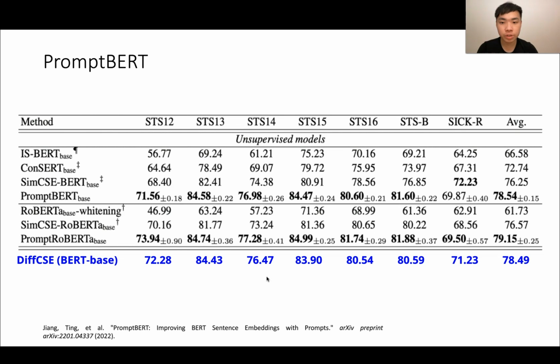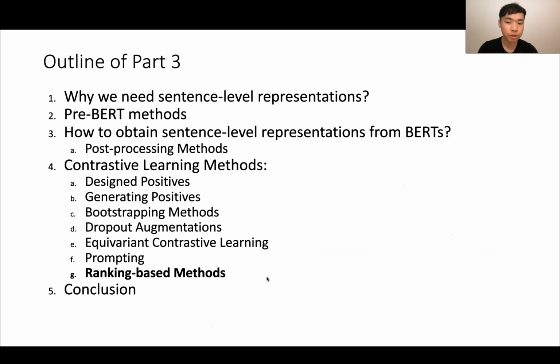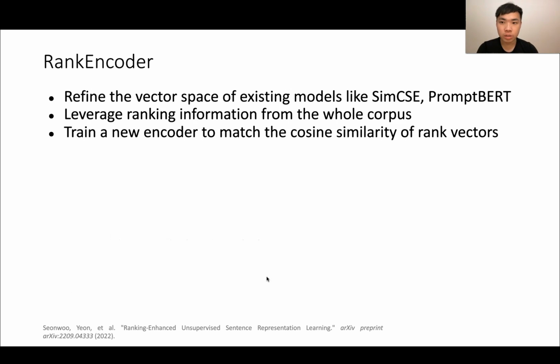After PromptBERT, there is another paper that further improves performance by injecting ranking-based information. In this paper, RankEncoder, they try to refine the embedding space of existing models like SimCSE or PromptBERT by injecting the ranking information from the whole corpus.